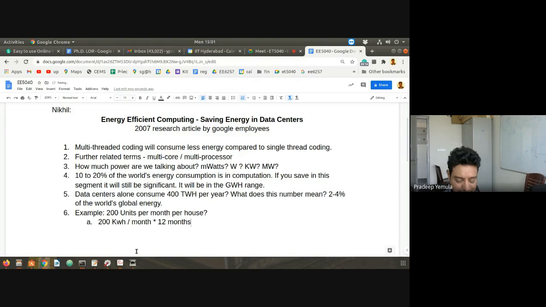So this will be the energy per house, multiplied by some X number of houses, which should add up to 400 terawatt hours. So from this, what is X? X equals 400 tera divided by 200 multiplied by 12 kilo.